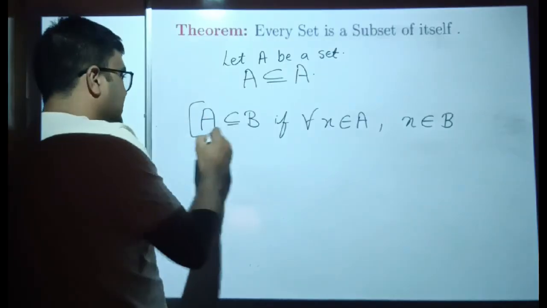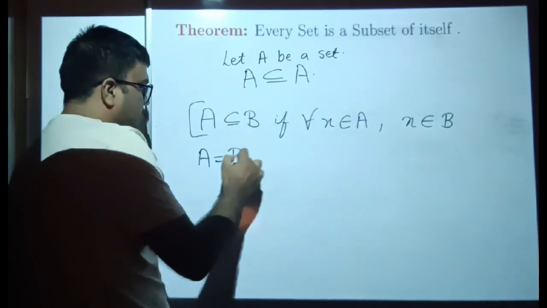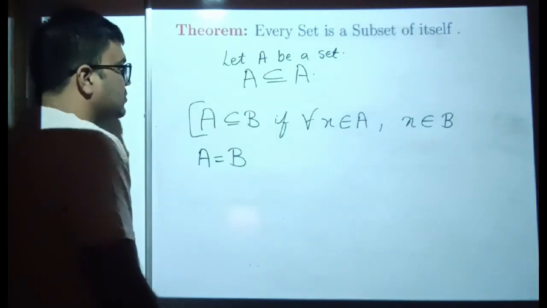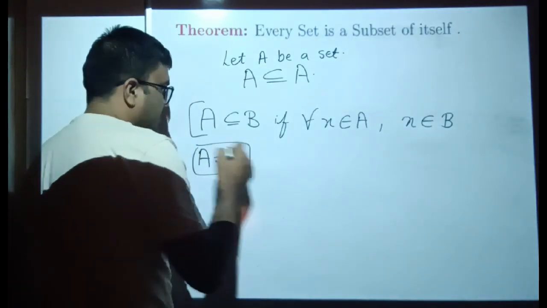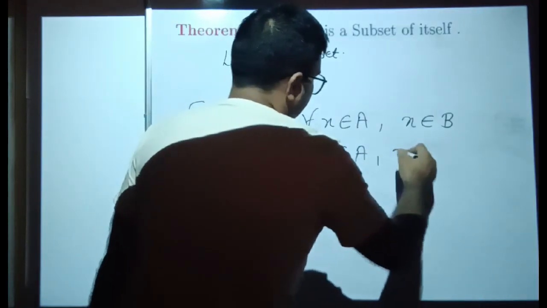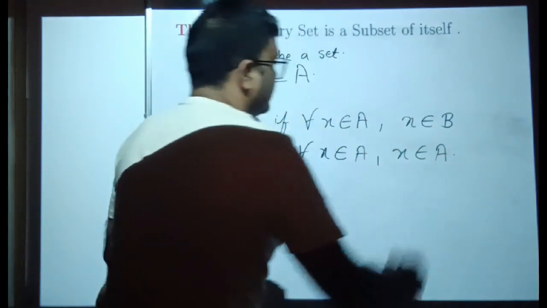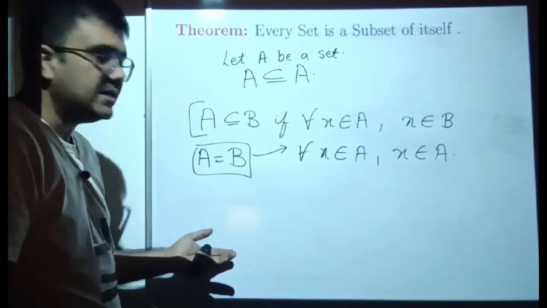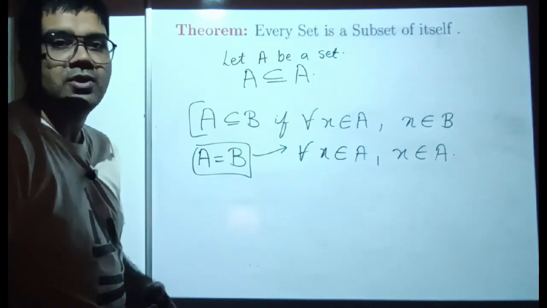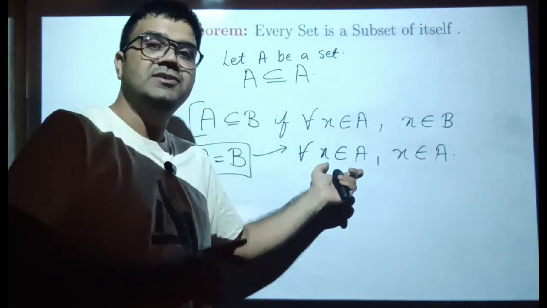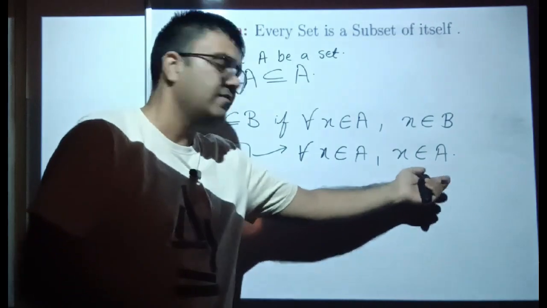In this definition, if we put A equal to B, what we need to show becomes: for all x belongs to A, we have to show that x belongs to A. And this statement is always true because every element of A, by the definition of the set, is an element of itself.